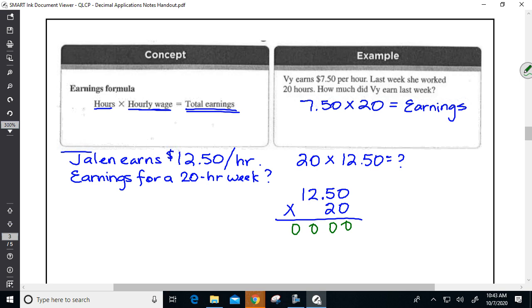Now we're moving from the 0 to the 2, so we need the placeholder. Now we multiply it by 2. 2 times 0 is 0. 2 times 5 is 10. Bring down the 0, carry the 1. 2 times 2 is 4, plus 1 is 5. 2 times 1, 2. Then you add.